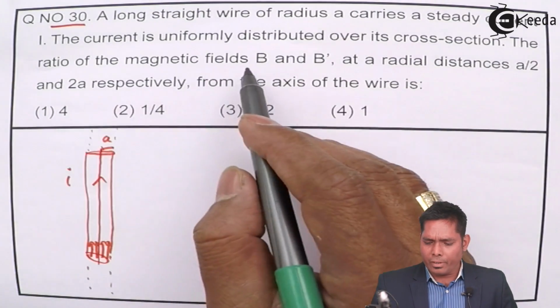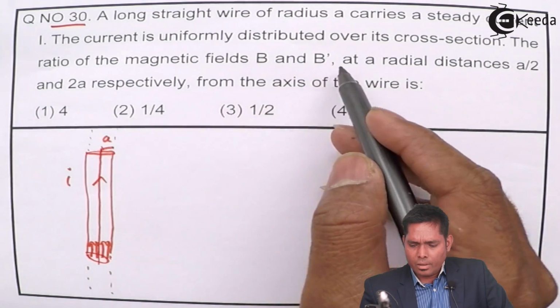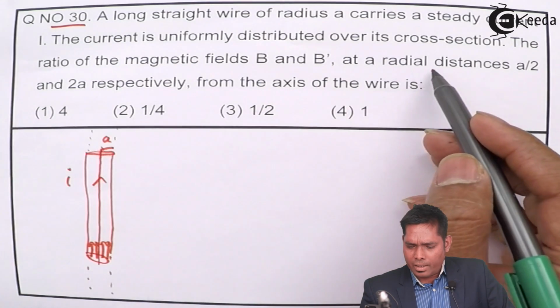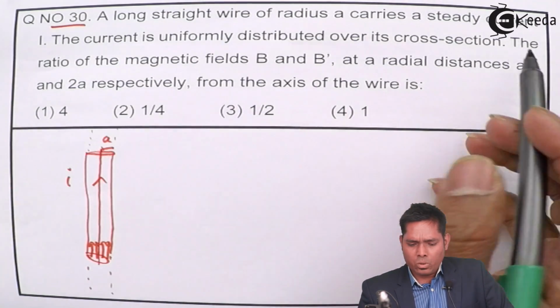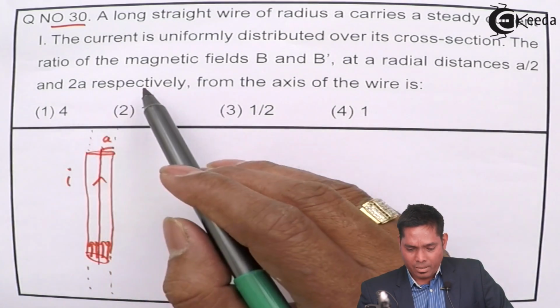The ratio of magnetic fields B and B dash at radial distances A by 2 and 2A respectively.